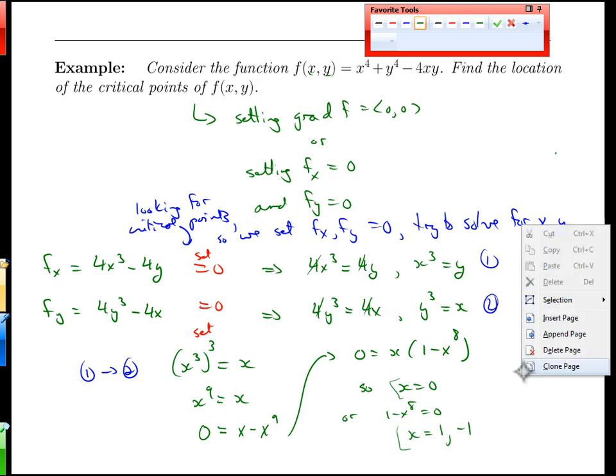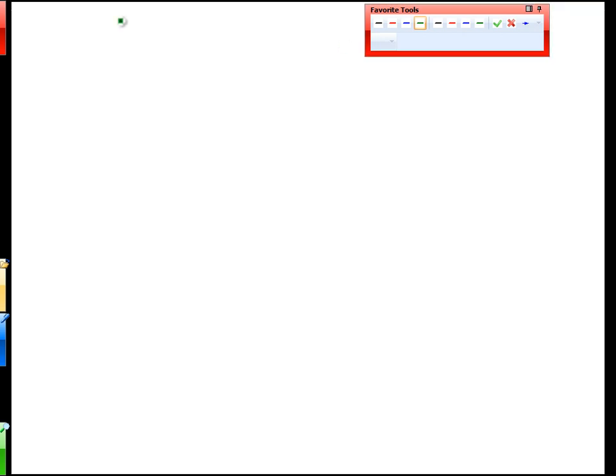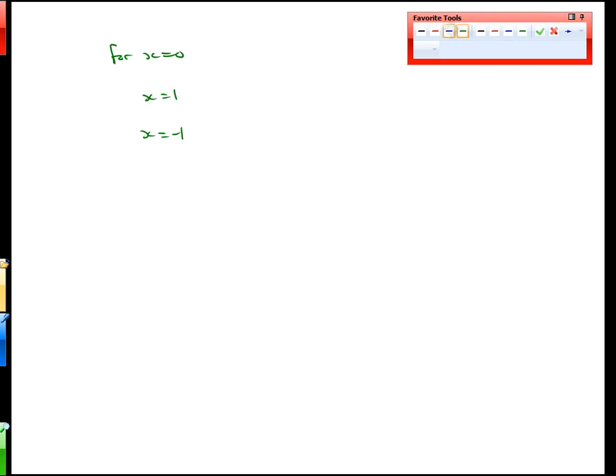So for the x equals 0 condition and x equals 1 and x equals -1, those are the three possibilities that we found would satisfy both equations. We would have to have a matching or corresponding y value, and we said earlier that the y value would equal x cubed. That was our one equation.